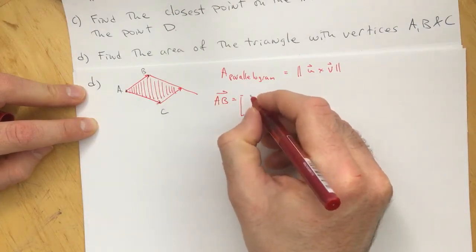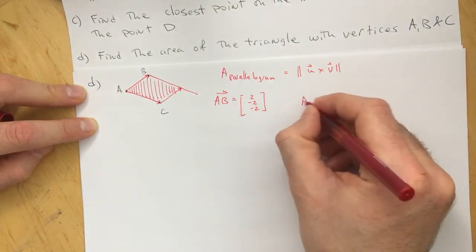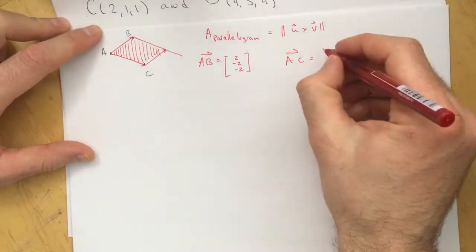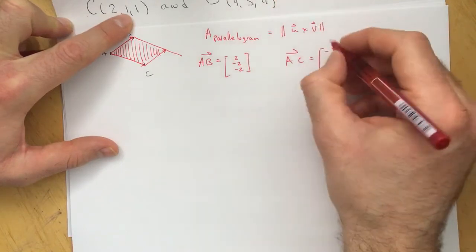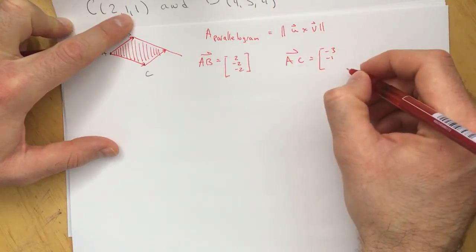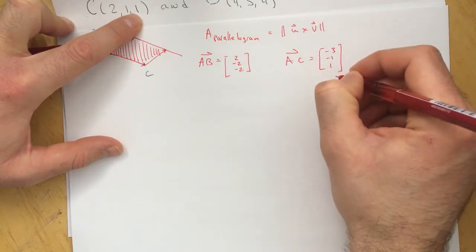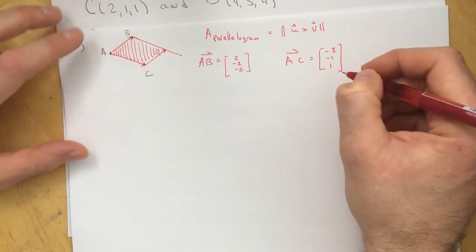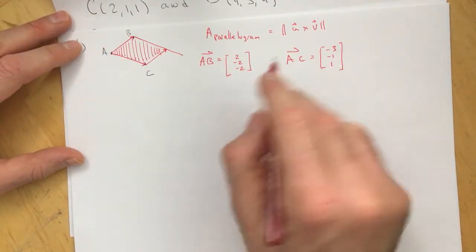Okay, so I have AB. The vector AB is (2, -2, -2). The vector AC is (-3, -1, 1 minus 0 is 1). Okay, and now I have to find the cross product between these two vectors.